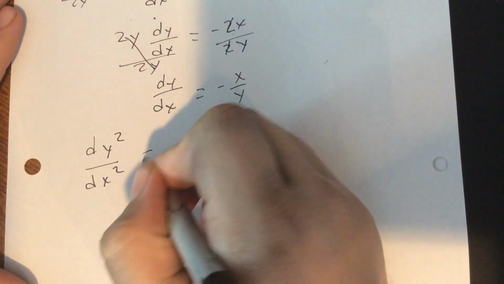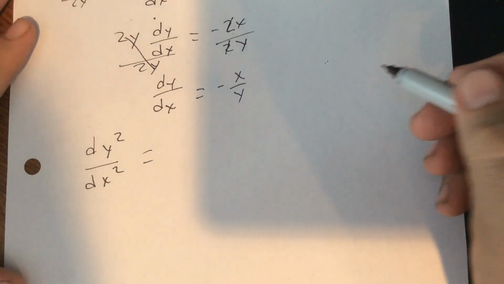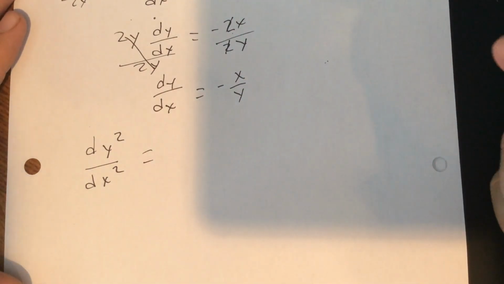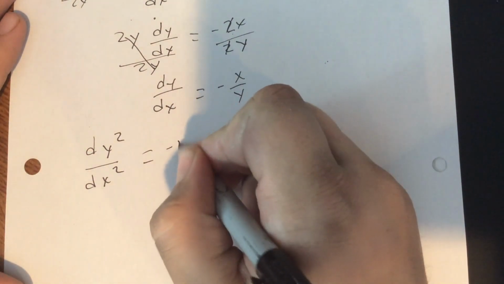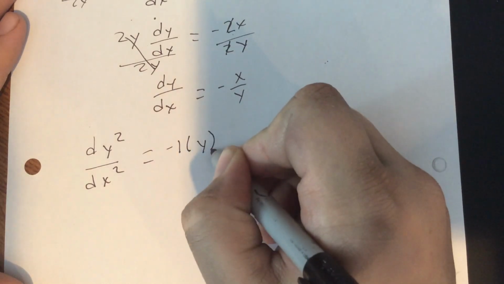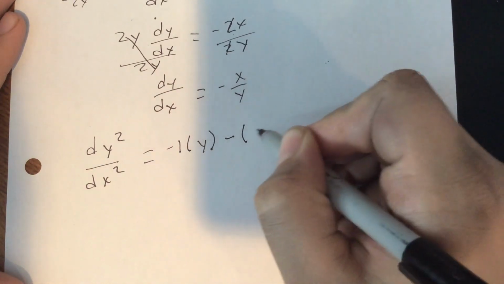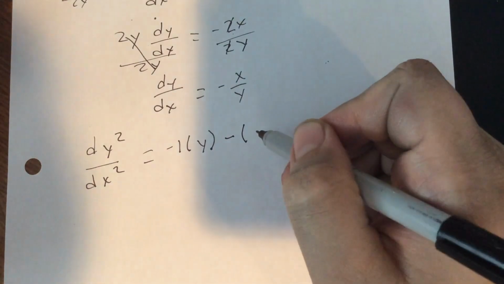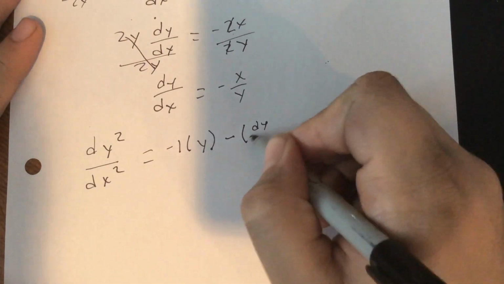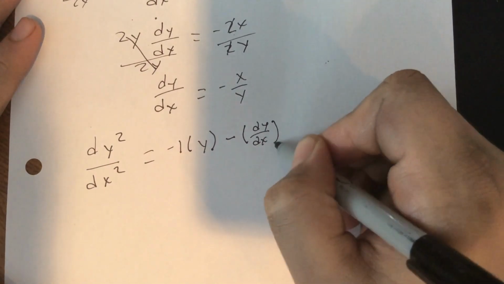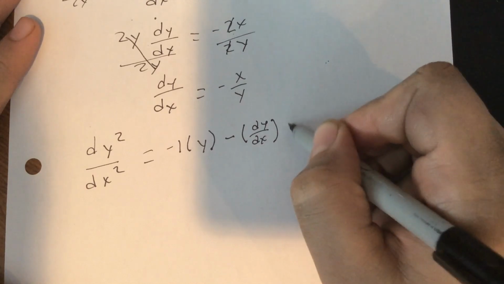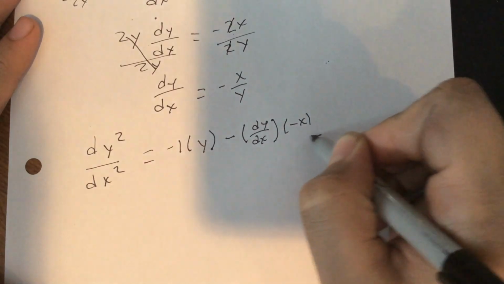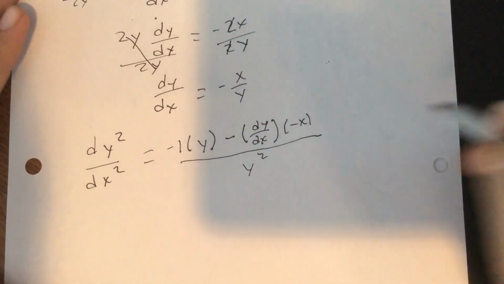This right side, though, we're going to have to do quotient rule with. Derivative of the top would be 1, so negative 1 times our bottom y, minus derivative of the bottom, which would be 1 but dy over dx, times our top, which is a negative x, all over our bottom squared.